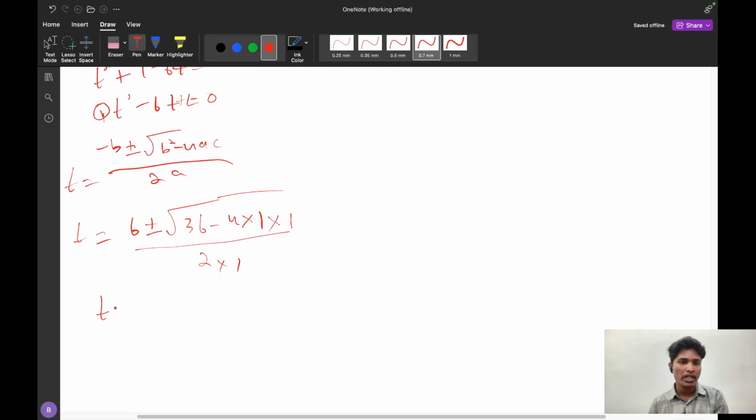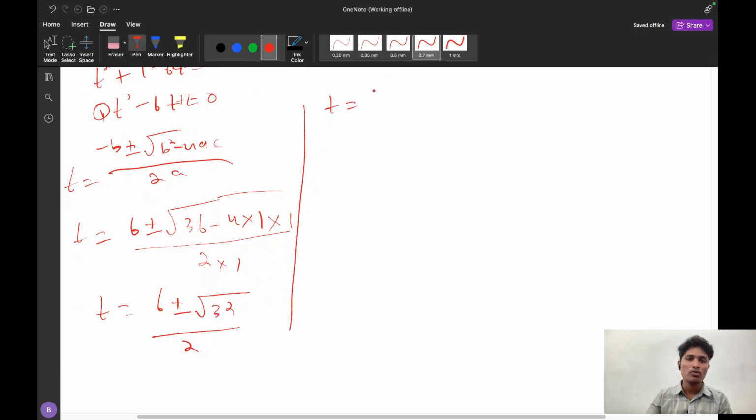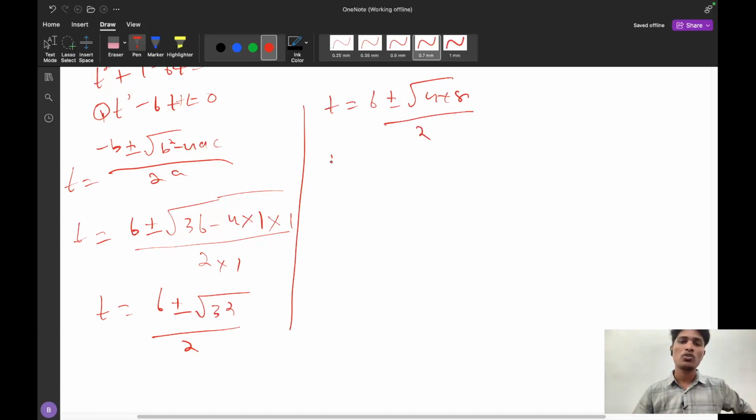So t equals 6 plus or minus root of 36 minus 4, it is 32, divided by 2. Now again t is equal to 6 plus or minus root of 32, which can be written as 4 into 8, root of 4 into 8, divided by 2. So t is equal to 6 plus or minus root 4 into root 8, divided by 2.